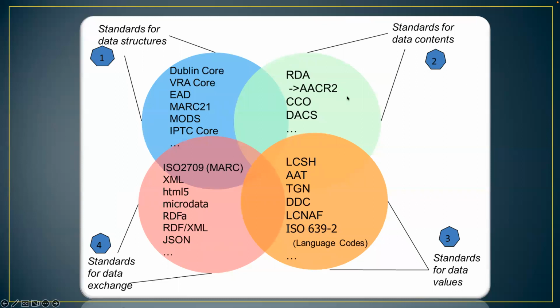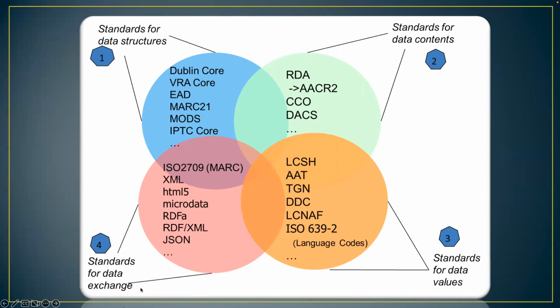And this is basically a summary of the 4 major categories of metadata standards we have discussed. There is data structure, and we've talked about Dublin Core here, and we'll talk about some others later. And there is data content. RDA, AACR2 are something we are going to talk about next week.